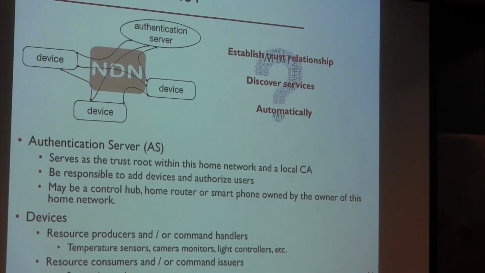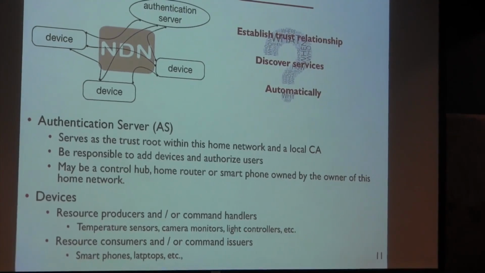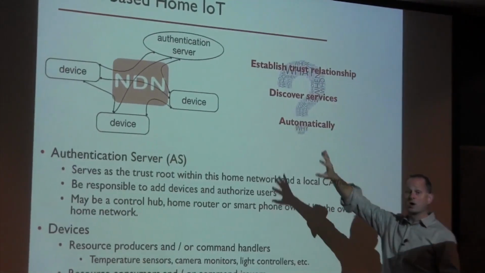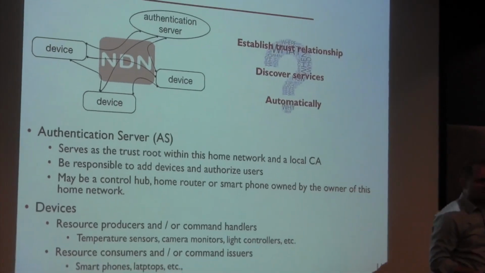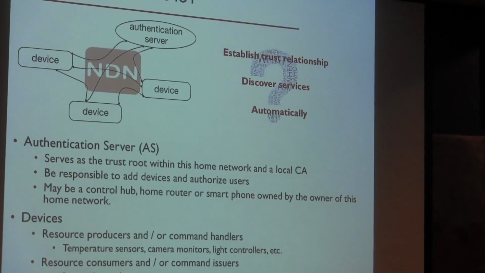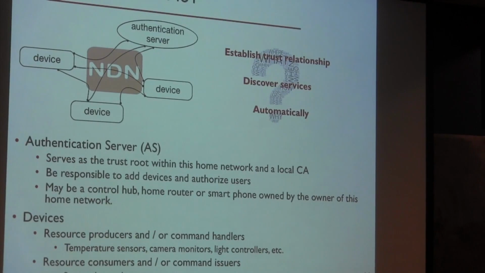And so what Yanbiao is going to talk about is a simple scenario with a couple of IoT devices, one of which has been elected to be an authentication server. It doesn't have to be just one server, but think of that as maybe an access point in the home. It could be a home server, home router, anything like that. And a number of devices are going to use that as a root of trust to bootstrap local communication without relying on the cloud.